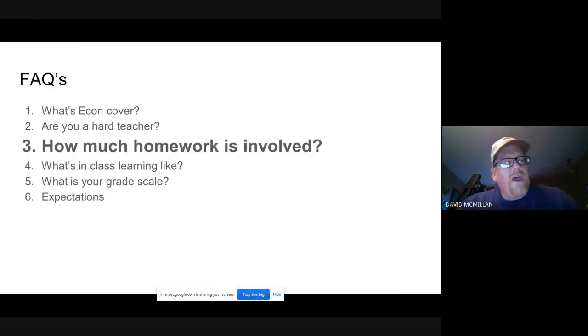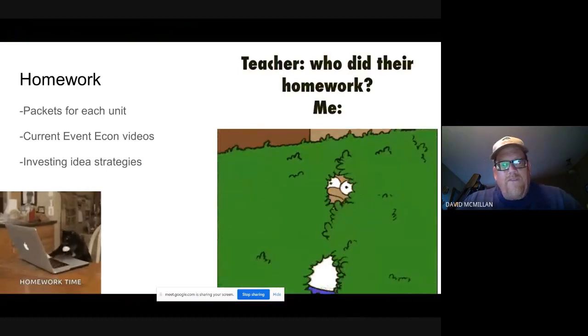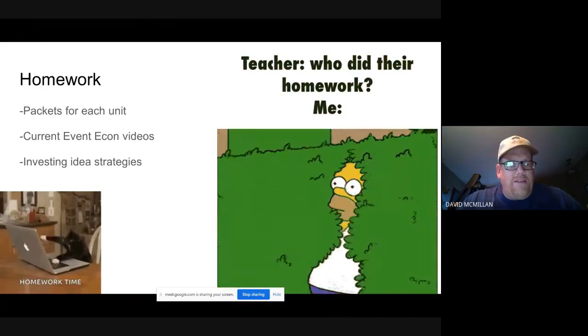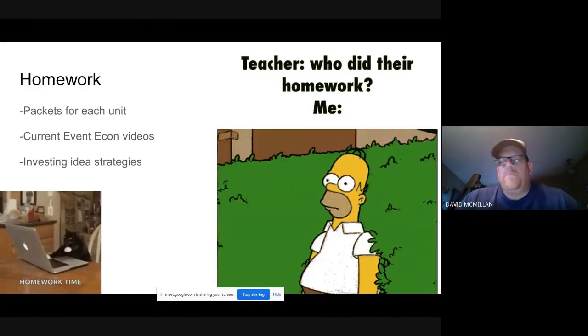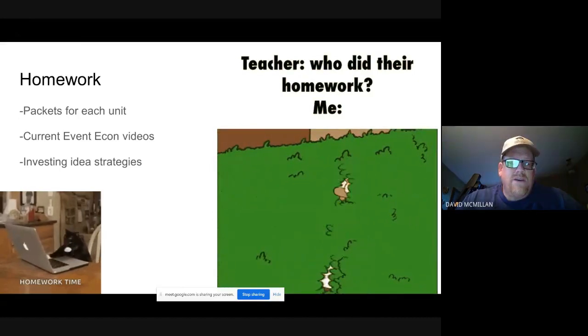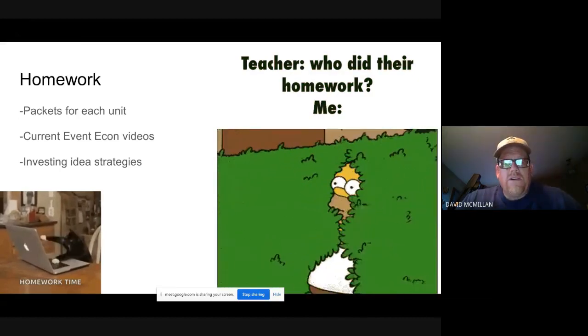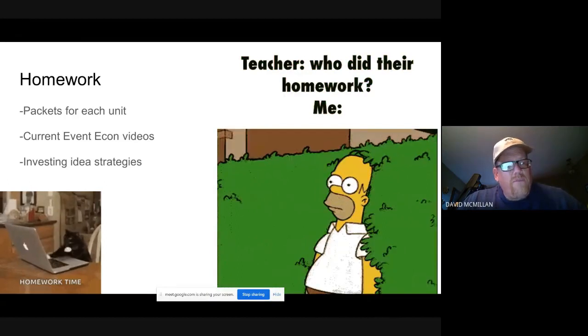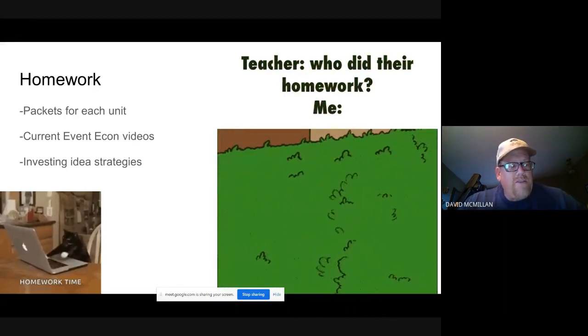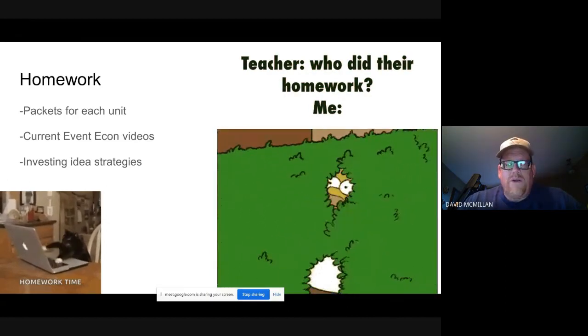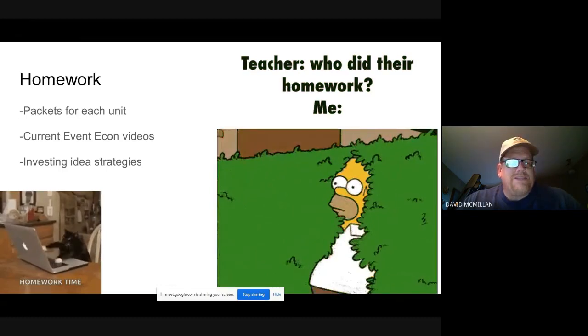Next question, how much homework is involved? Well, if you're like Homer, it's going to seem like a lot, but it's not really. You're going to get a packet at the start of each unit, and these packets are going to include evidence for the modules, and of course, just worksheets that we're going to be showing you guided practice in class.